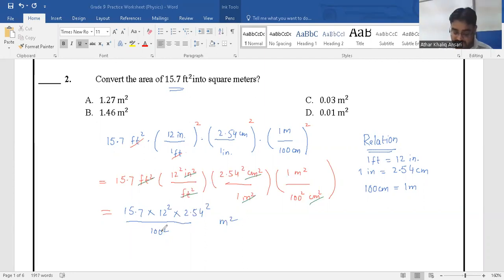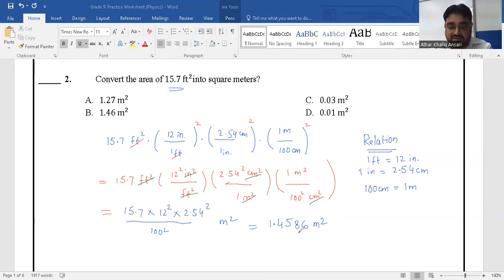So our answer is 1.4586, and the answer is with the unit square meter. Now we have three significant figures in the question, 15.7.